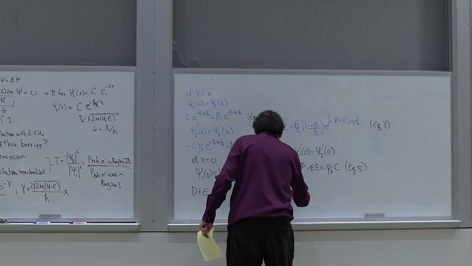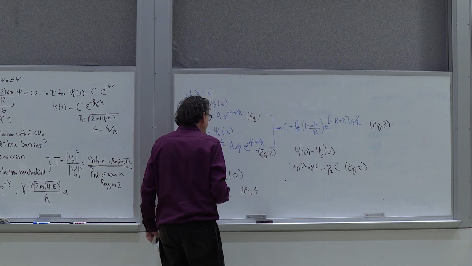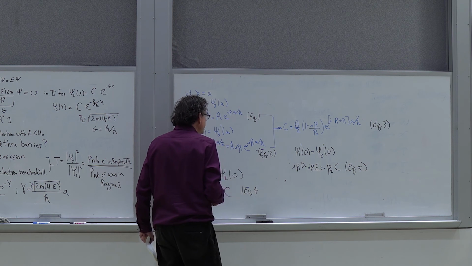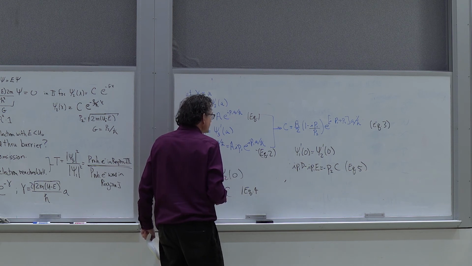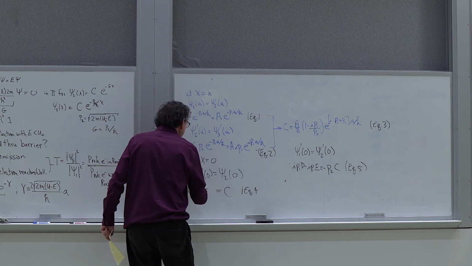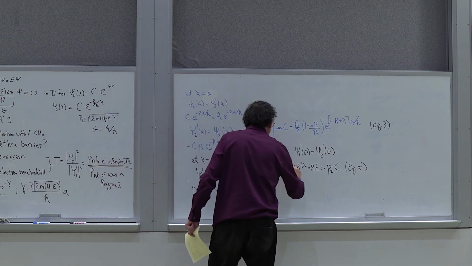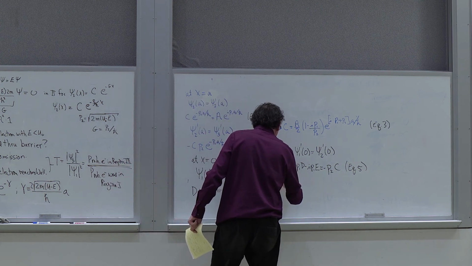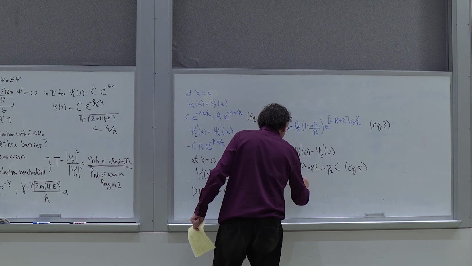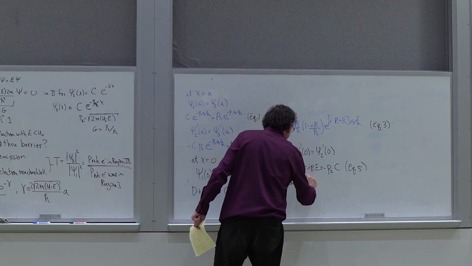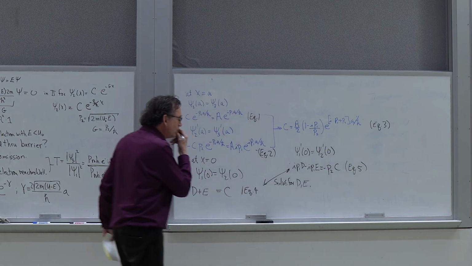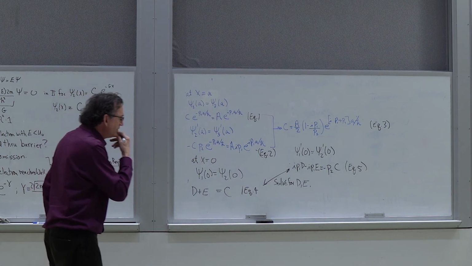Okay. In 4 plus 5, I take D and E. I want to solve for D and E in terms of C. So I can look at this as 2 equations and 2 unknowns. I'm only interested in D. D is the one that governs the transmission of the wave.